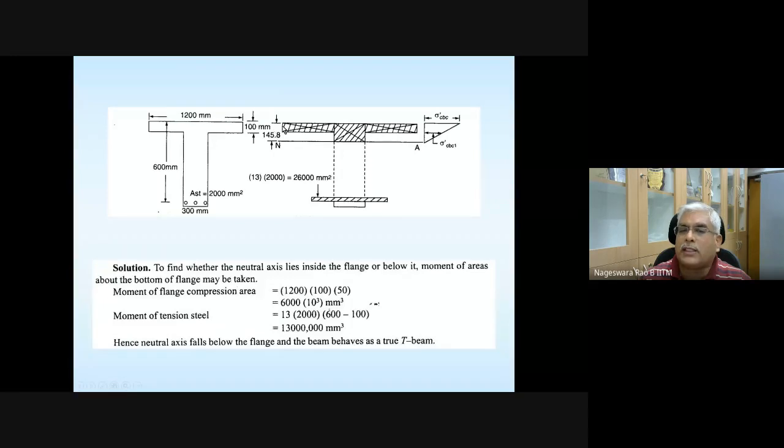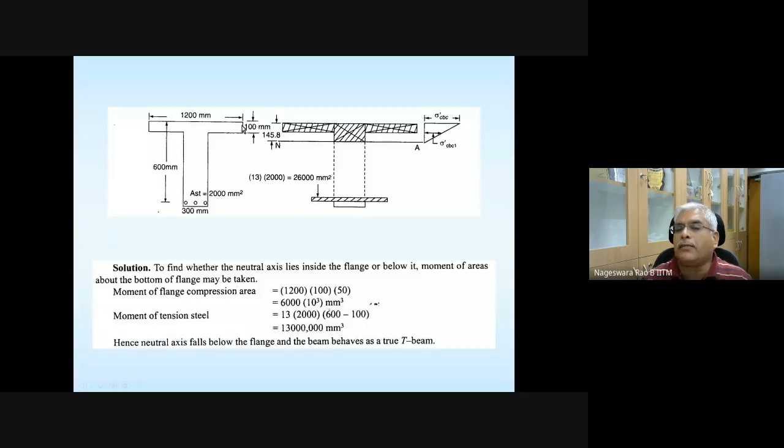the area of this rectangle, what is the distance of its centroid with respect to the neutral axis? That distance is going to be n minus 50, if n is the neutral axis depth.